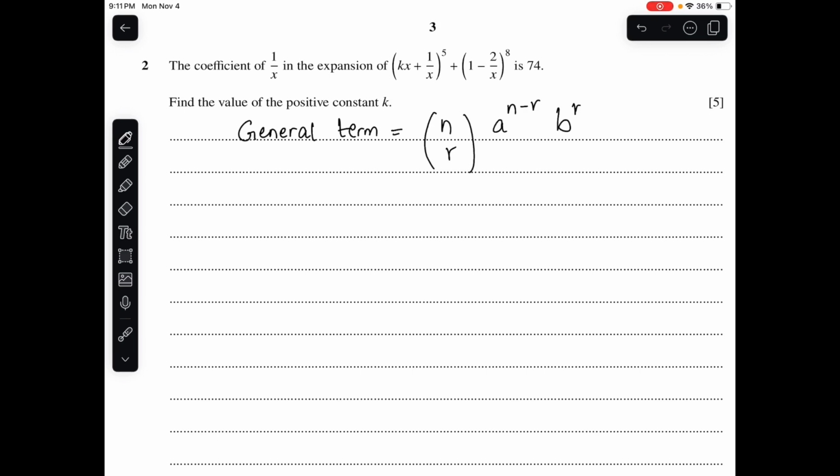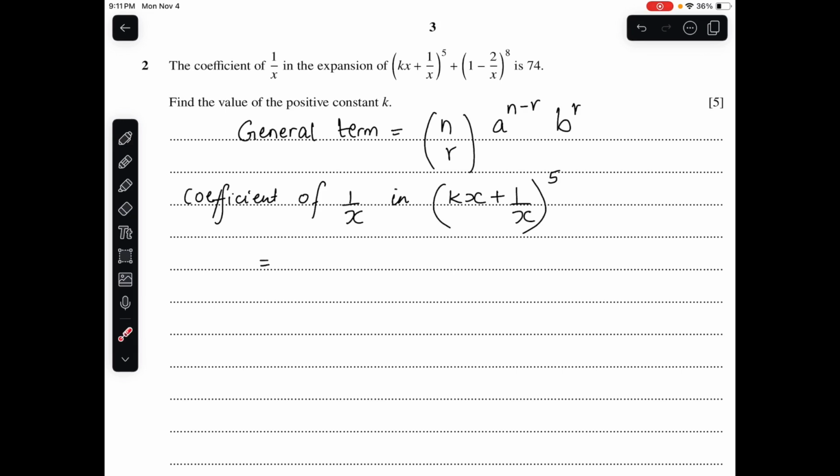So here we need to find the coefficient of 1 over x for the first expansion and also for the second expansion. These two coefficients added together is equal to 74. So we're going to find the coefficient of 1 over x in (kx + 1/x)^5.